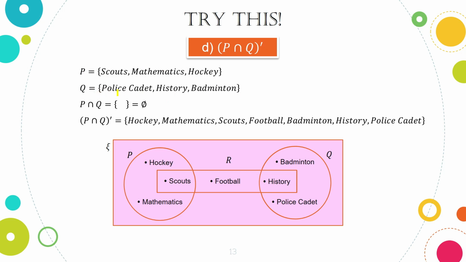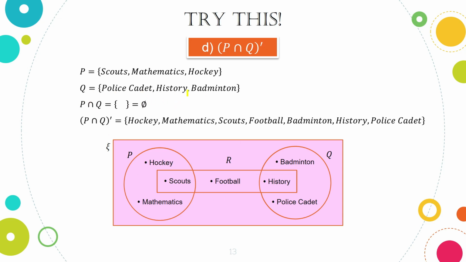And set Q also has police cadet, history, badminton. There is no element from set Q in set P. Same goes with set P. There is no element of set P that is the same with set Q. So we can say that the intersection of set P and Q is the empty set. There is no element in this intersection of P and Q.